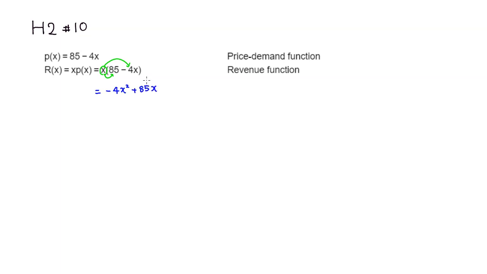Let's complete the square so that we can find the vertex. This is going to be equal to, first I'm going to factor out the leading coefficient, which is negative 4 in this case.